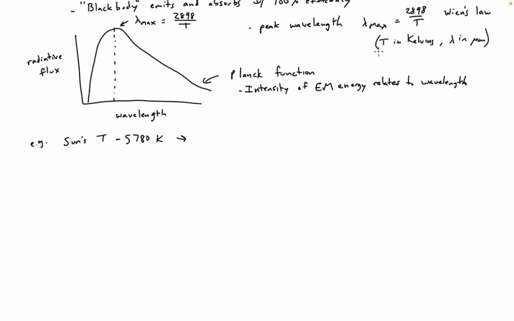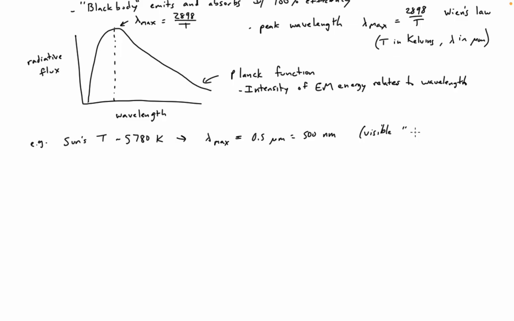And so if we use this relationship here, the peak wavelength is around 0.5 microns, which is 500 nanometers. So that's visible. That's in the visible light spectrum, as we wrote above. This would be like a bluish green.